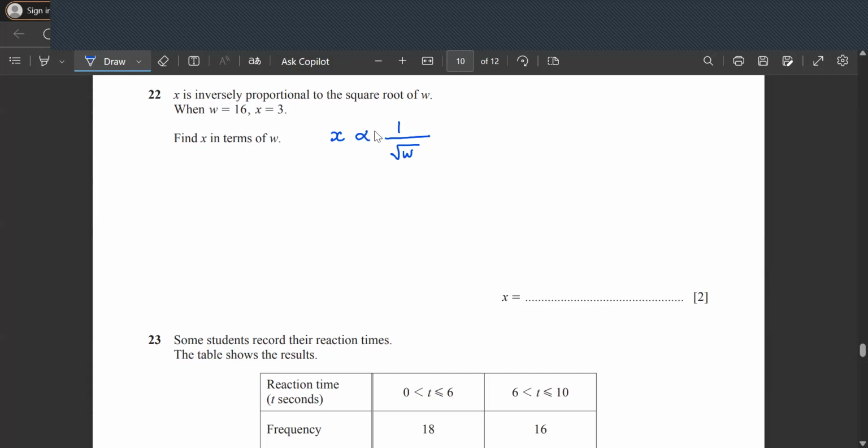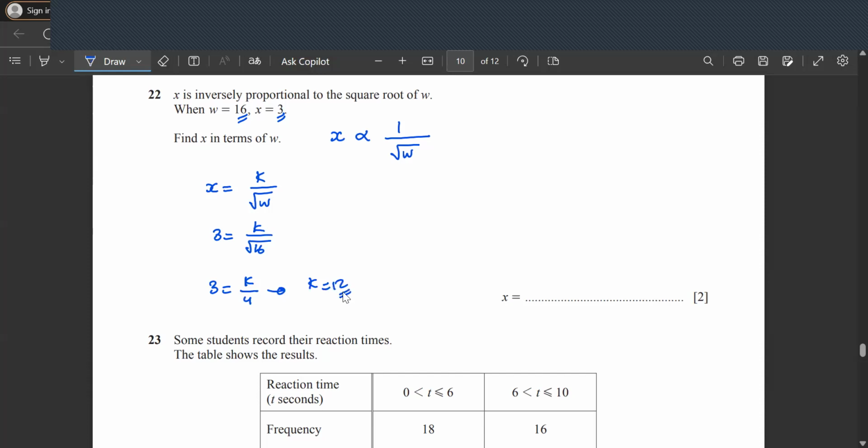I will remove the inverse and put instead of it equal k. So x equal k over root w. Then put x equal 3 and w equal 16. 3 equal k over root 16. So 3 equal k over 4. So from here, k equal 12.